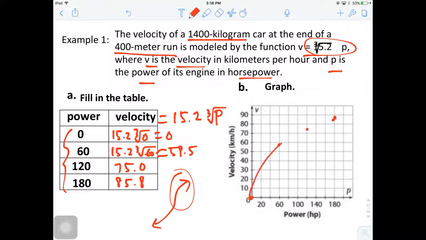So if we connect this, we will have the positive side of the graph, which kind of looks almost like the square root. But again, know that we are only working with the positive values in the real world situation. Okay, so that's why the graph is like that.